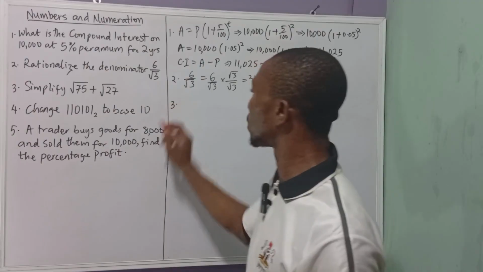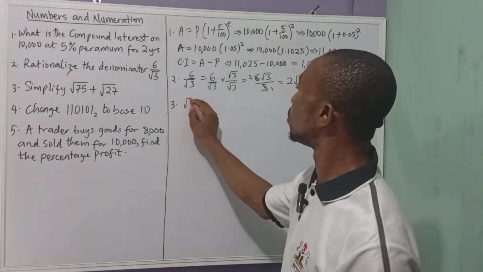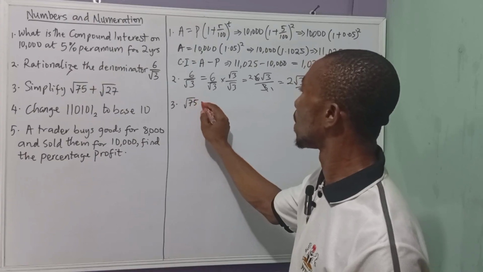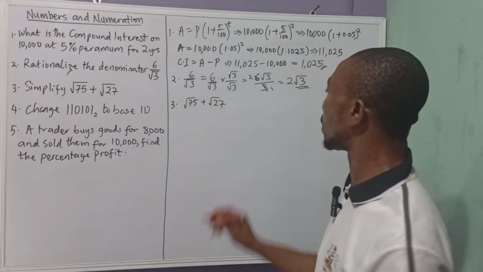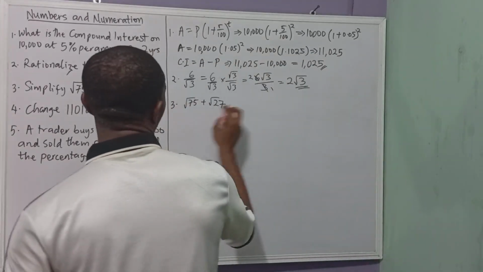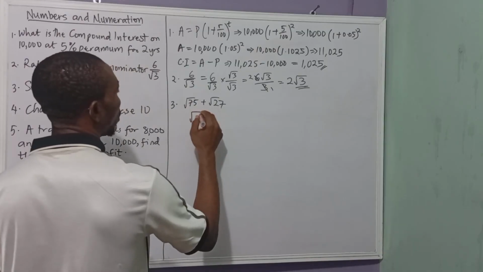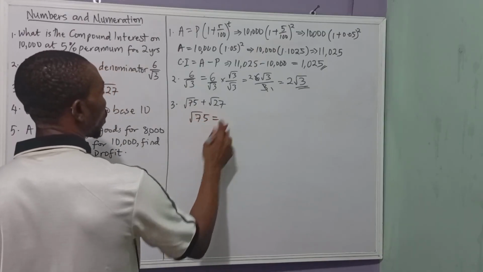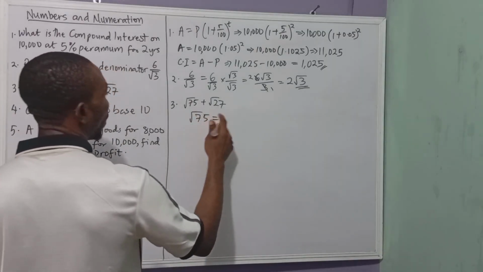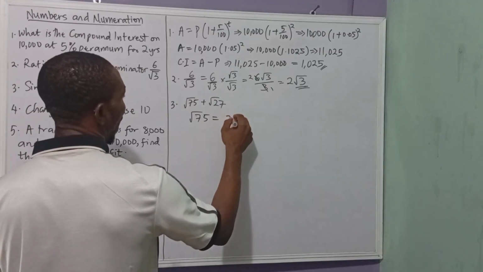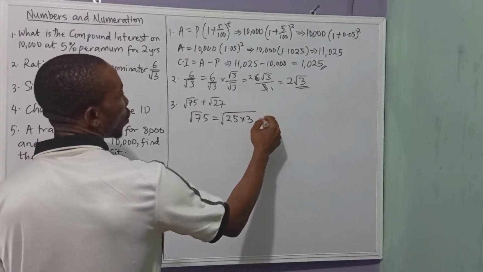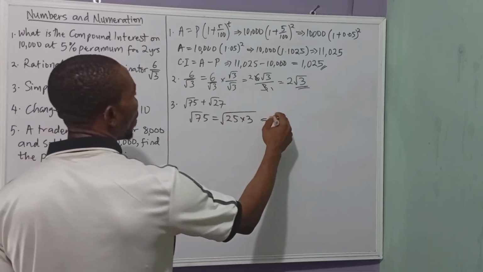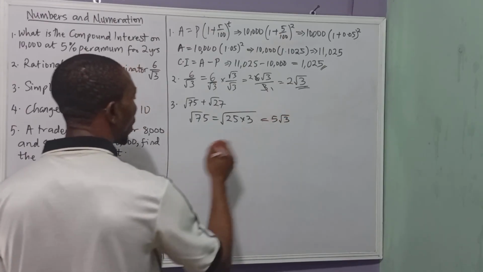Alright, number 3, it says simplify root 75 plus root 27. Now let's break this down. Let's look at root 75. Root 75 gives us what? That would be 25 times 3 to give us 75, right? So root 25 would be 5 root 3.